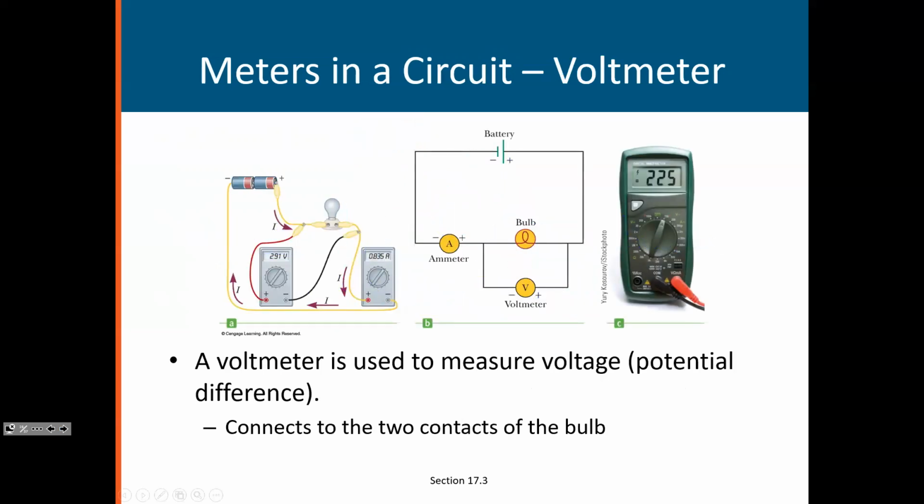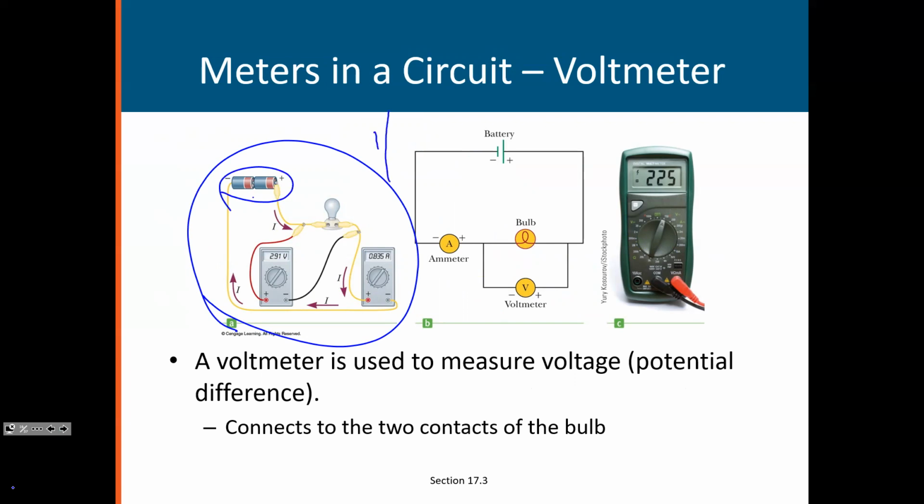Okay, so this is the real circuit, but we can draw a circuit diagram. What we mean by circuit diagram is to represent the elements by symbols and the wires by lines. This is how we represent the battery: a short line and a long line. The short line is the negative side of the battery and the long line is the positive side.